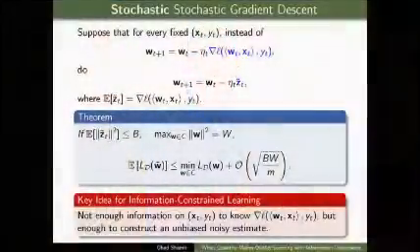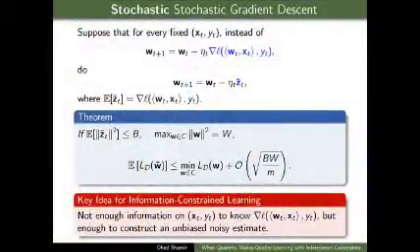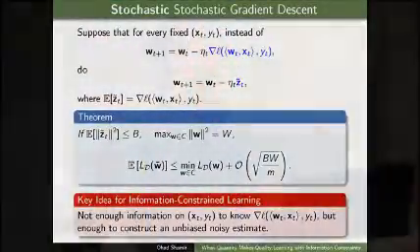So instead of doing this deterministic gradient step, you do something fuzzy, something random, which is only equal in expectation to the direction you actually want. And it turns out that even if you do this instead of the actual gradient steps, you can prove virtually the same theorem. This is almost a folklore result which has been used several times in the machine learning community.